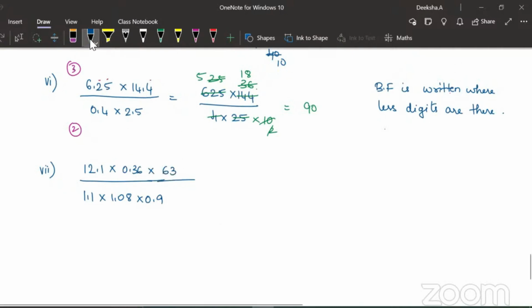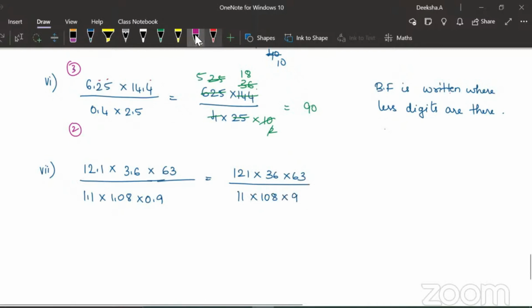I will write 3.6 here. Now here, I will rewrite these numbers without decimal points. This is 121 into 36 into 63 divided by 11 into 108 into 9.